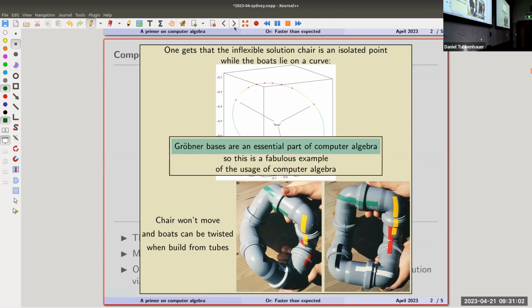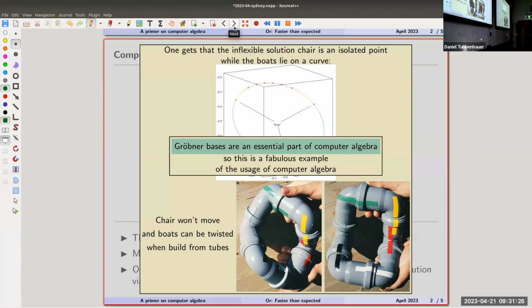Maybe just a comment about Gröbner bases. I remember this comment from Math Overflow that somehow Gröbner bases are just linear algebra, but the complexity scales differently. If you think about linear algebra, the complexity scales with the dimension. And in Gröbner bases, for whatever reason, the complexity scales in the cube of the dimension.